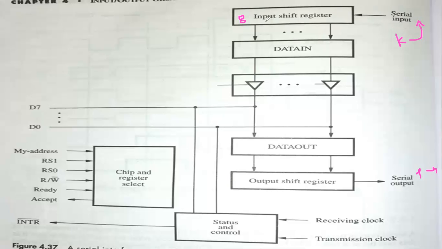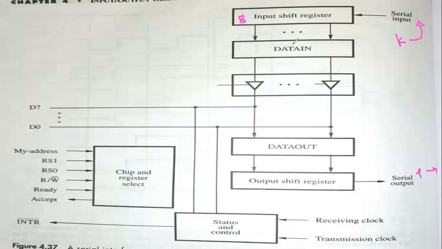Once we reach 8 bits, this shift register will shift all that 8-bit content parallelly to the data in. I repeat, this shift register collects the one-bit information from the serial input device at a time. When we are done with 8 bits, the 8 bits will be shifted to the data in, parallelly submitted at a time.